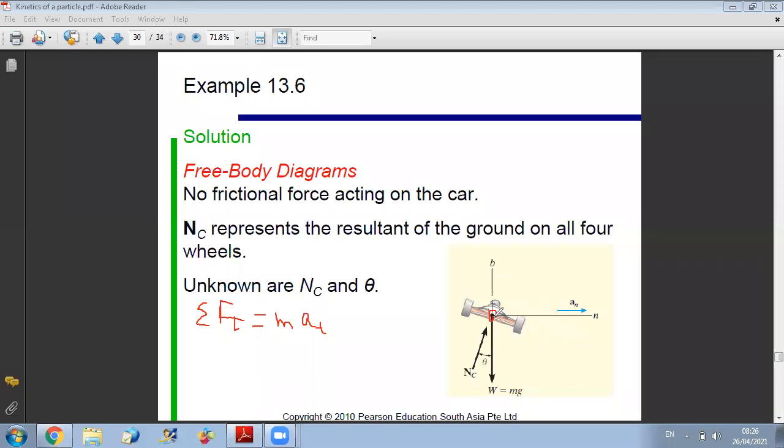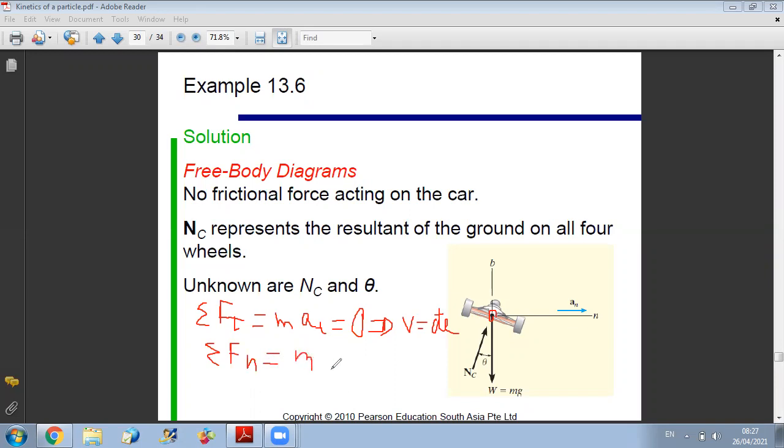So they don't have any projection along UT. So you can just say that sum of F_t equals 0, and this will give you that V is constant in this case. No change in speed. So V is constant. This is the first relation. Now, if I project on UN, I will write that sum of F_n equals m a_n.